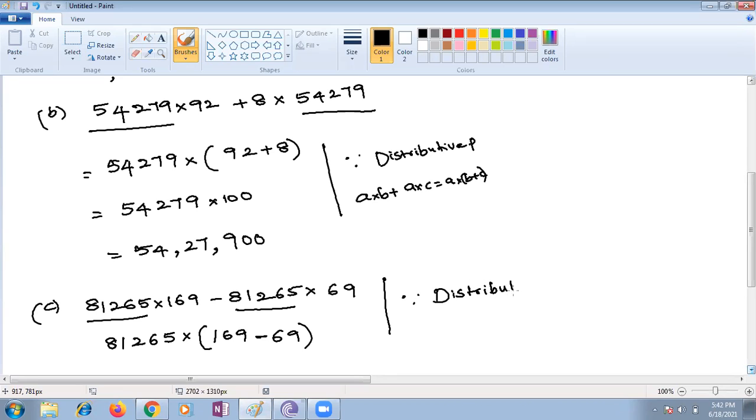Distributive property: multiplication over subtraction.